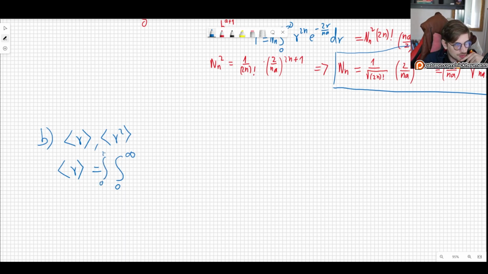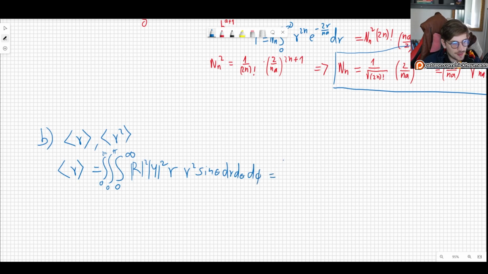So 0 to 2 pi, 0 to pi. And then here we have, this would be the angular part squared, right? The spherical harmonics. And of course, we need to multiply this by r because we are taking the expectation value of r. So that, of course, goes in there. And then we have r squared sine theta, and then we have dr, d theta, d phi.